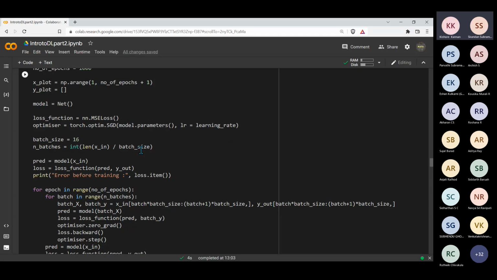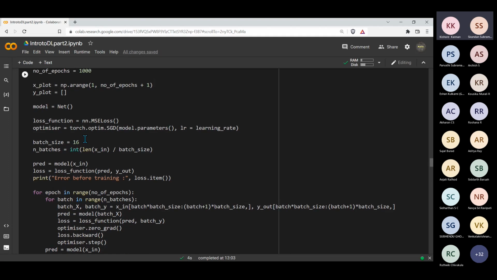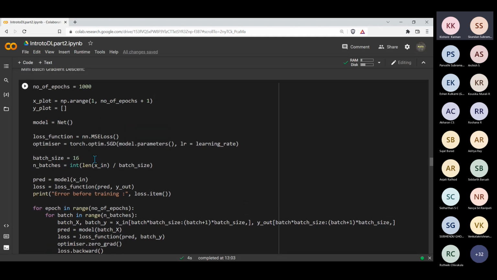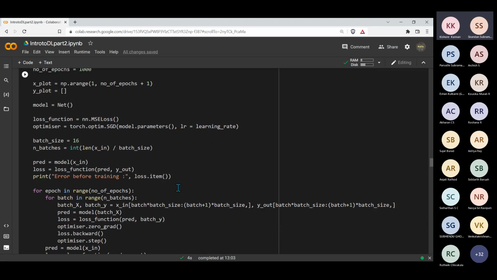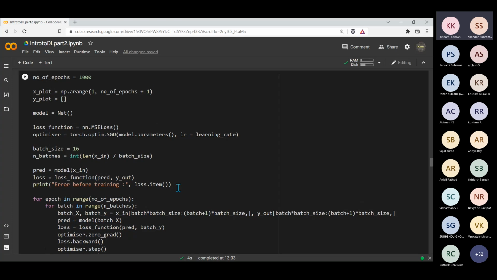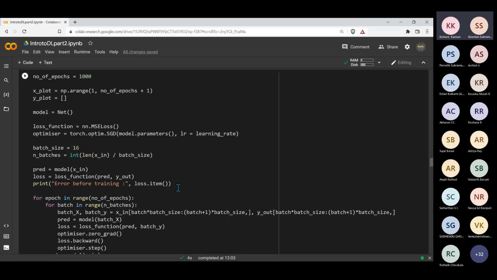Yeah, and we send data in batches, and as Ishan explained, we have to first group the data into batches, and then feed the information to the network, and calculate the loss function and perform back propagation.